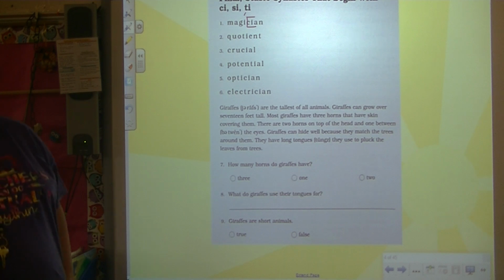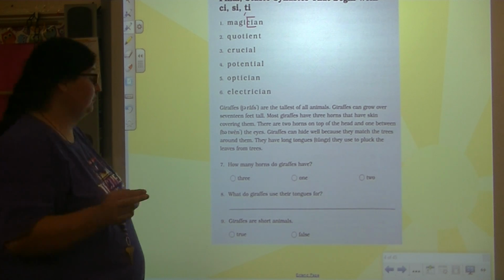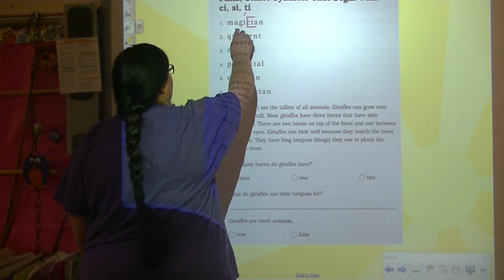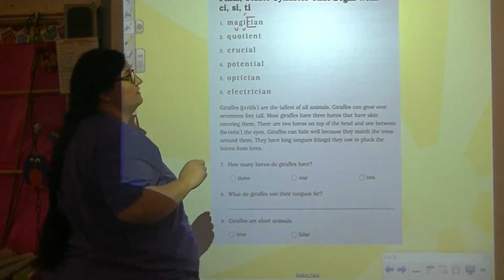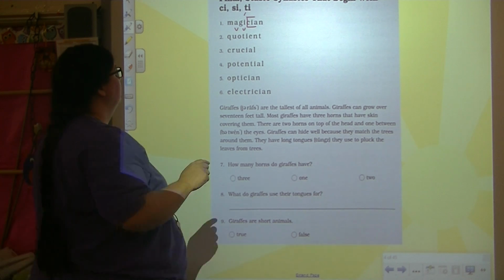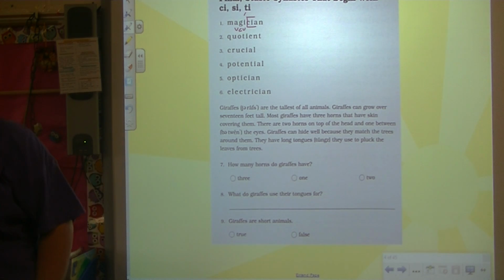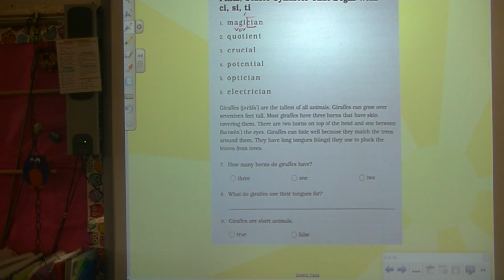All right, now how do I code? There are 2 vowels, so code your 2 vowels. How many consonants are between it? One. There's 1 in between it. All right, where do we divide?